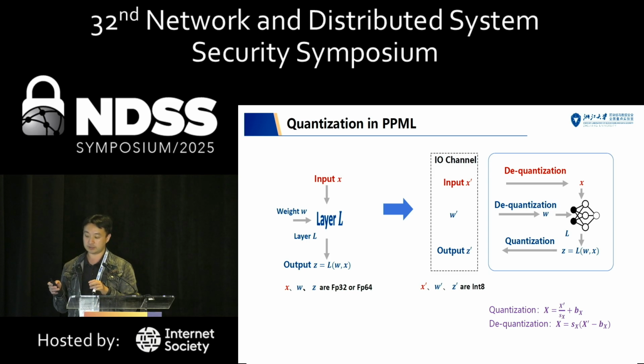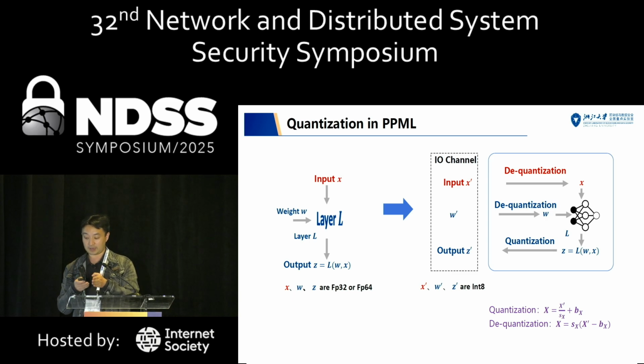The quantized models are designed for limited I/O channels and limited storage. For example, in the original, X is the input, W is the weight, and L is the function, for example a linear function or nonlinear function, and we want to evaluate L(W, X).